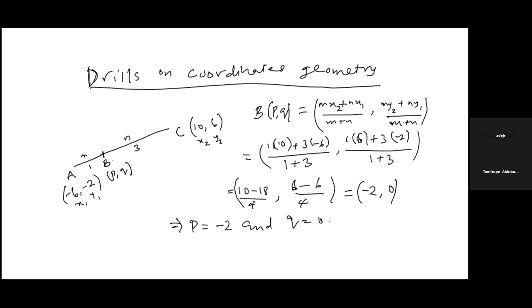So question A says, given that AB ratio BC equals 1 to 3, find the values of P and Q. Question B says, calculate the length of the line segment AB to 1 decimal place. So when you are done writing that, attempt question B by finding the length of the line segment AB.